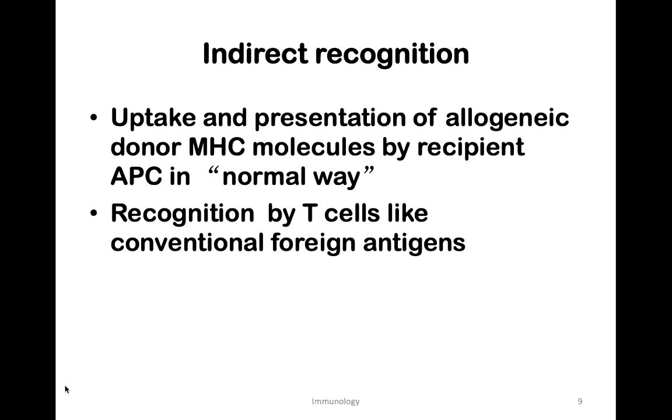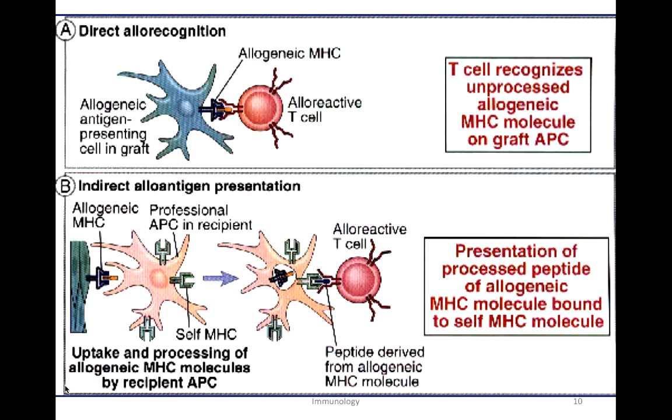Whereas in direct recognition, the antigen doesn't go through the antigen processing pathway. So if you see, this is the representation of direct allorecognition: allogenic antigen presenting cells in the graft. Then you have allogenic MHC, alloreactive T cell, and a direct interaction between the antigen presenting cell of the donor and the recipient alloreactive T cell.